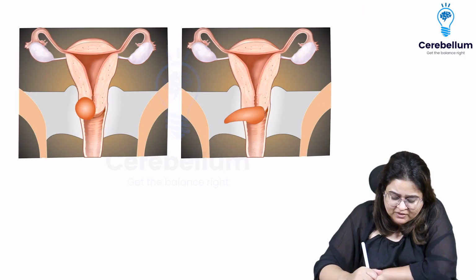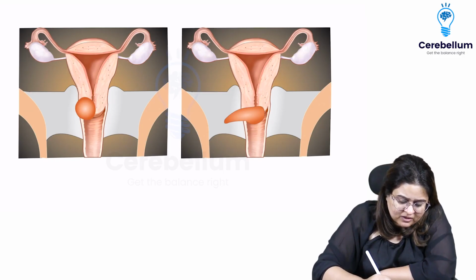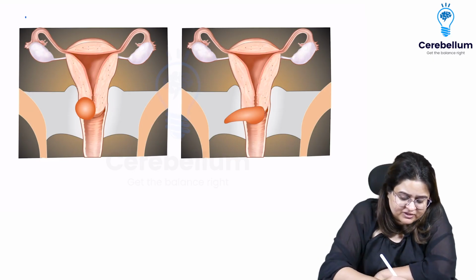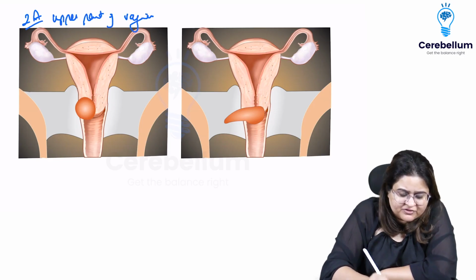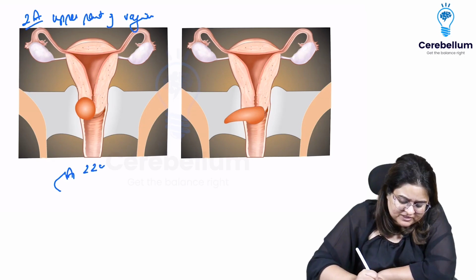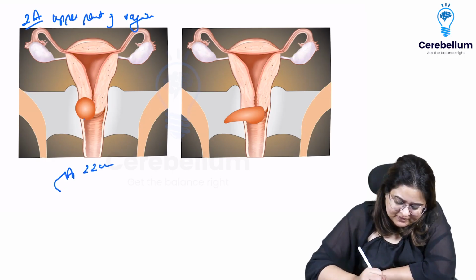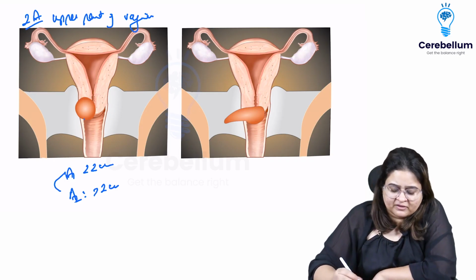Stage 2 is what? Stage 2 is a lesion which has now gone beyond the cervix, and in stage 2A, it has gone till the upper part of the vagina. Again, you can have further divisions based on size, 2A1 and 2A2. 2A1 is less than 2 centimeters, 2A2 is more than 2 centimeters, but it is in the upper part of the vagina.